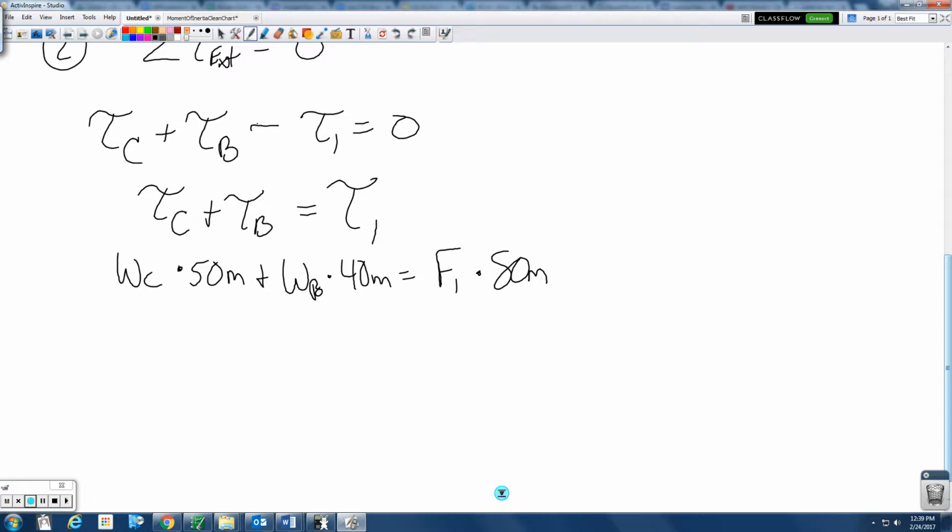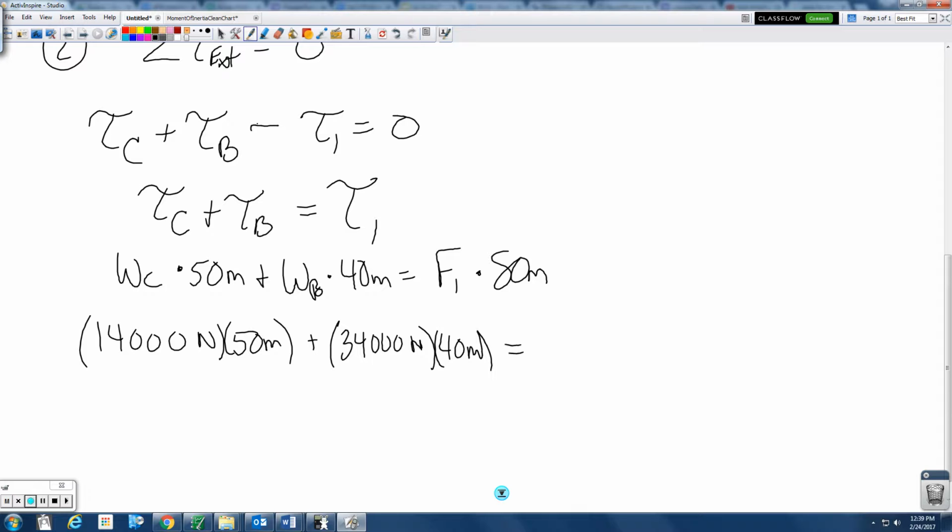So now, because I know the weight of the car, I can put these values in. There's 14,000 newtons times 50 meters. So we got newton meters for torque. And then I have the weight of the bridge, which is 34,000 newtons times 40 meters equals F1.